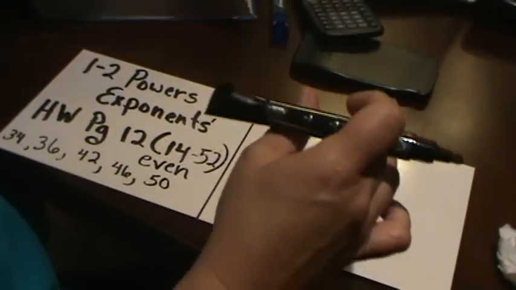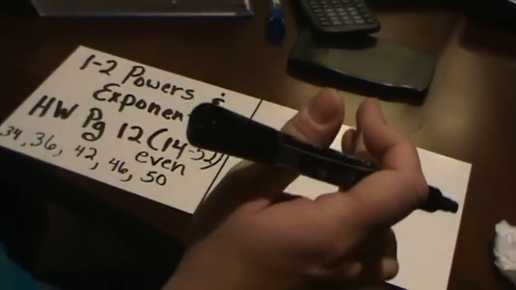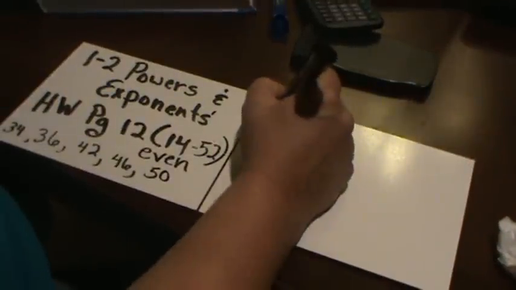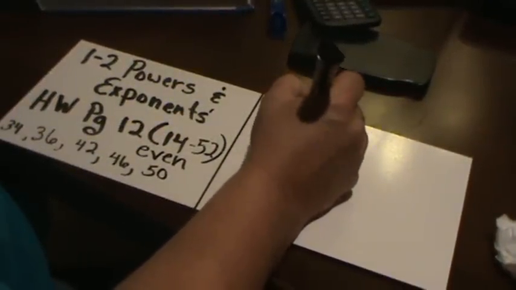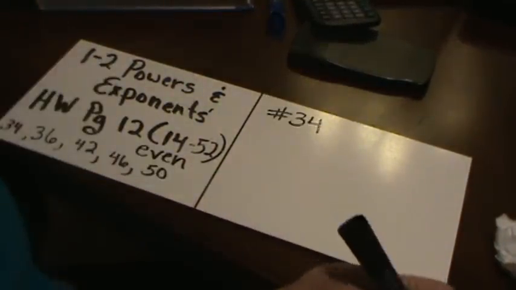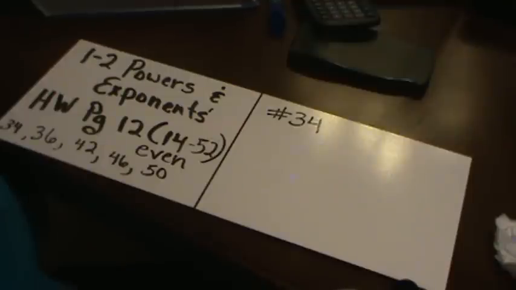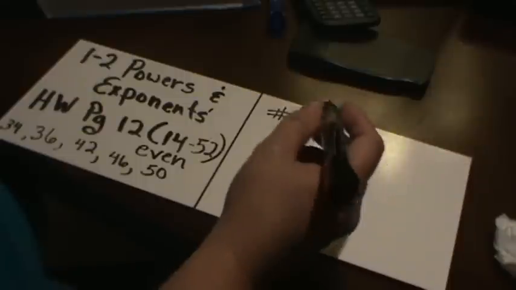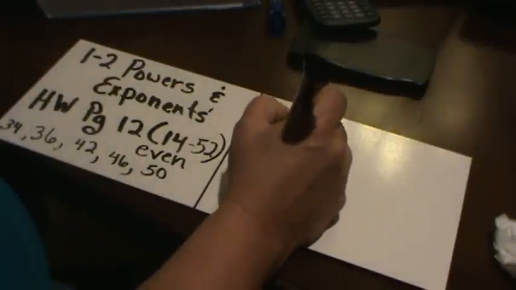Now that we've reviewed that, let's do a few of the homework samples that you may be trying to do tonight at home. I picked number 34 to do first. Number 34, the directions are to write each product in exponential form. And it's got this written in the textbook.